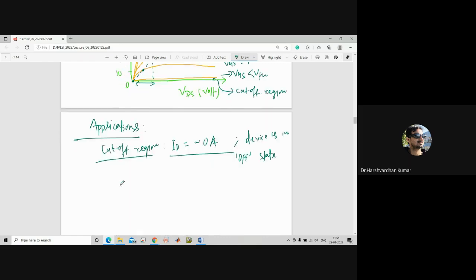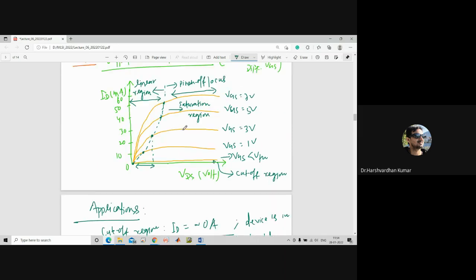However, if you see the saturation region, or you can say active region, what is happening in case of saturation or active region? Just observe the graph and tell me. Constant current. Constant maximum current you are getting here, right? Agree or not?